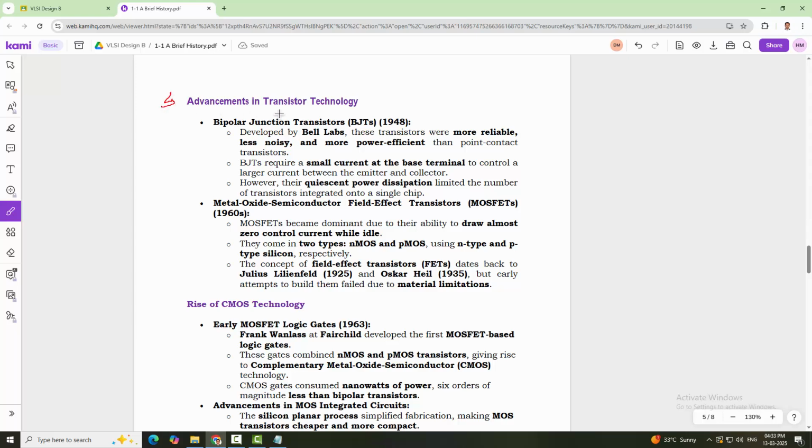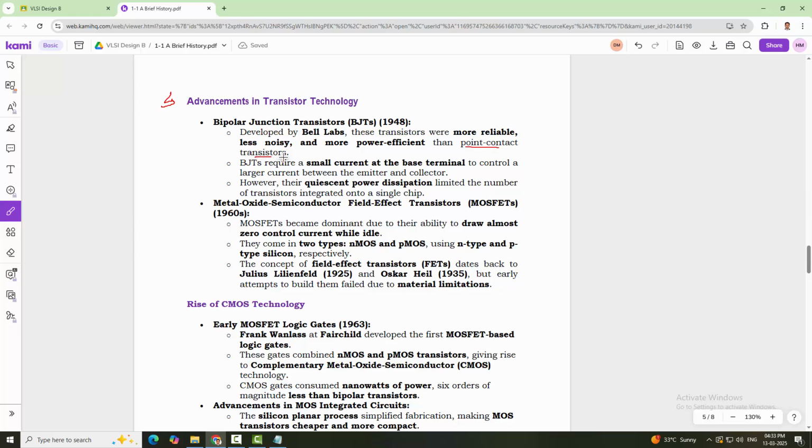Later, significant achievements happened in transistor technology, especially for the bipolar junction transistor, which was announced in 1948 and developed by Bell Labs. The transistor was more reliable compared to other existing devices like vacuum tubes, and it was less noisy and more power efficient than the point contact transistors.